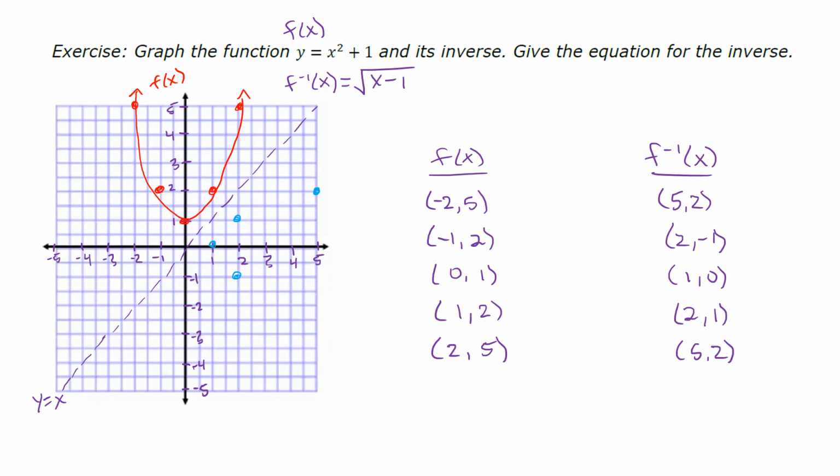Oh, one of these is supposed to be negative. Okay, so this is supposed to be -2. So it's supposed to be 5, -2. All right. Okay. And so that is our graph of the inverse function of f of x. Excellent.